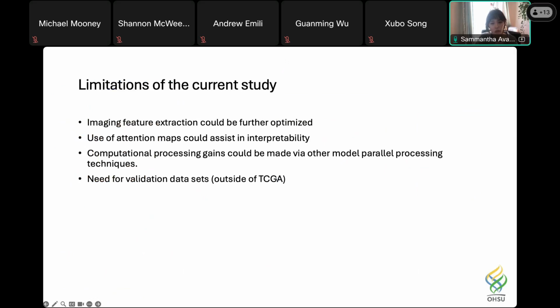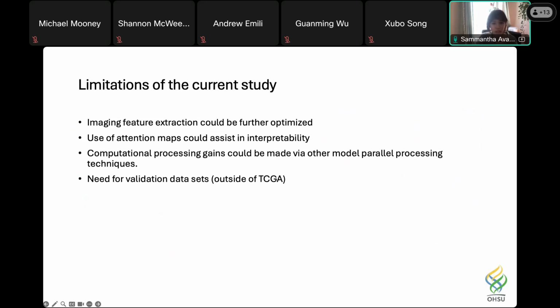And so while our approach demonstrated promising results, we did face a few limitations. First, in terms of our unimodal model, the image feature extraction could be further optimized to increase computational efficiency.